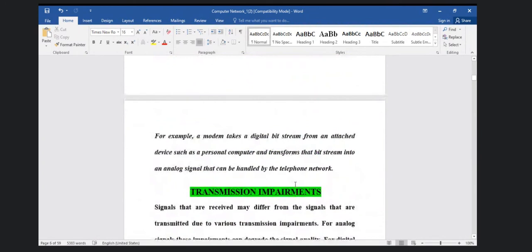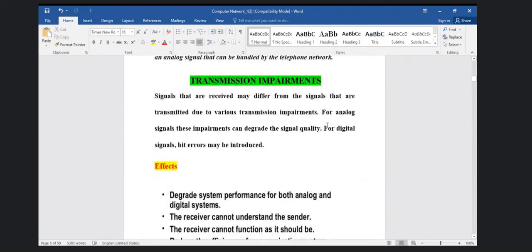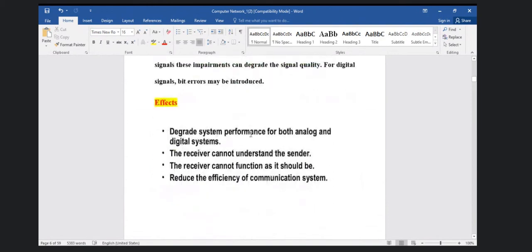Now, transmission impairments occur when the signal is being transmitted through the medium. I have told you, for an analog signal, these impairments degrade the signal quality. For digital, bit errors may be introduced, and as a whole it will degrade the system performance, both analog and digital.